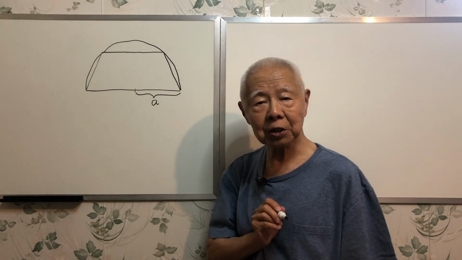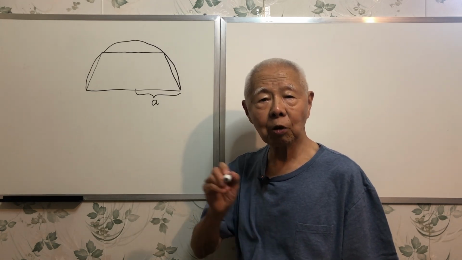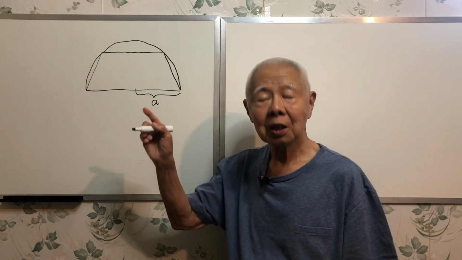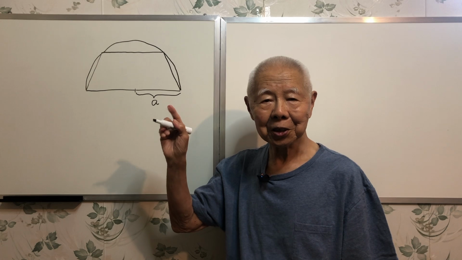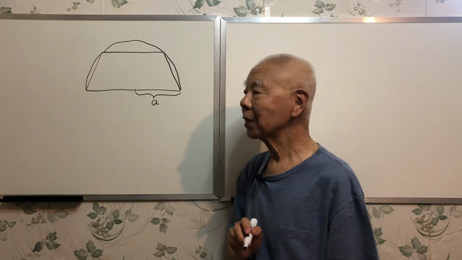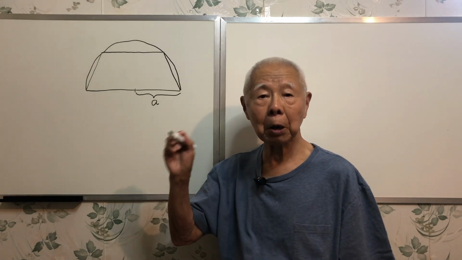The question is, how do I draw the trapezoid so that the area is maximum? So this is a maximum minimum problem.